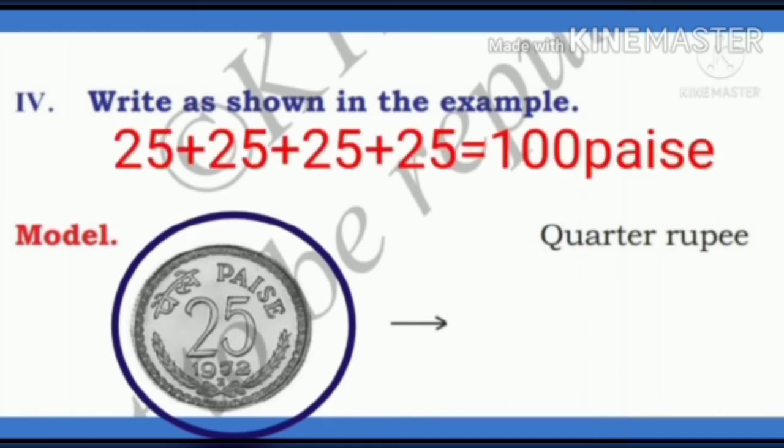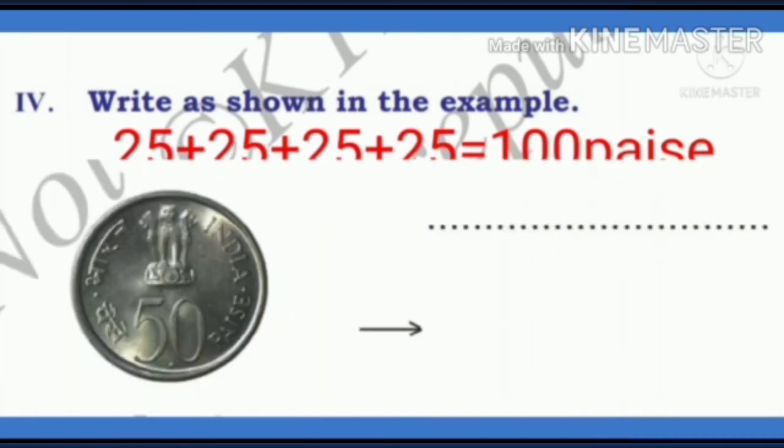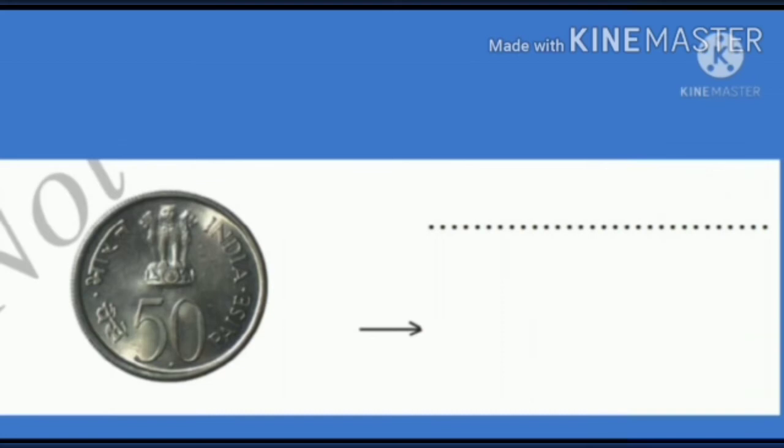If we divide 1 rupee into 4 equal parts, 25 plus 25 plus 25 plus 25, so 25 paise means quarter rupee. So write quarter rupee. Now next question, observe 50 paise.